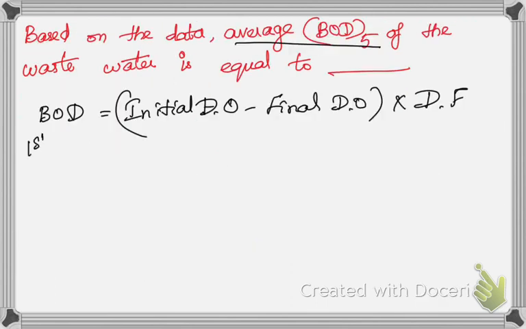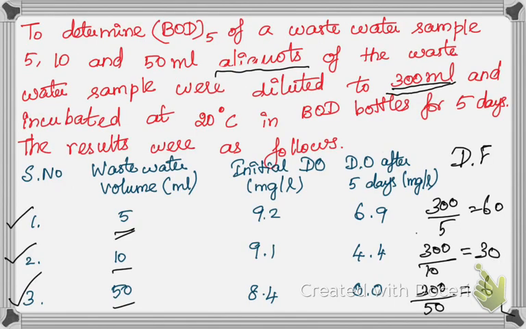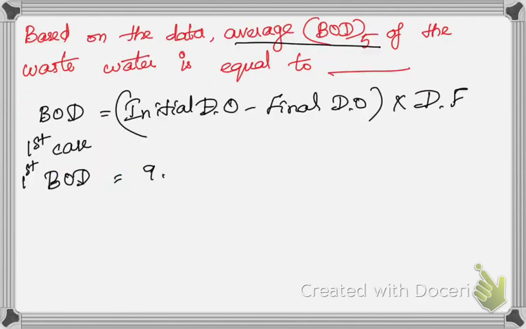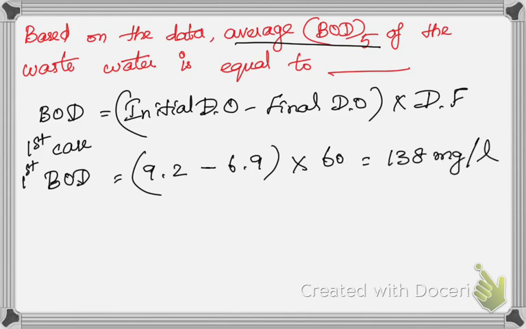For the first case, BOD is equal to the initial DO, which is 9.2, minus the final DO, 6.9, into the dilution factor of 60, which is equal to 138 milligram per liter.